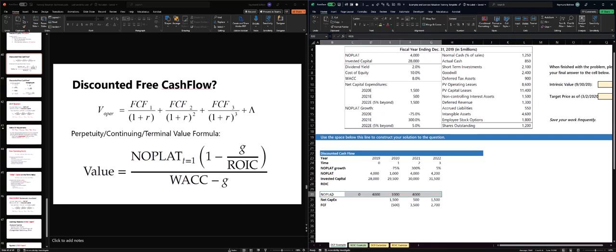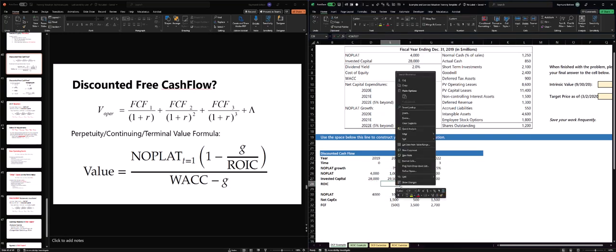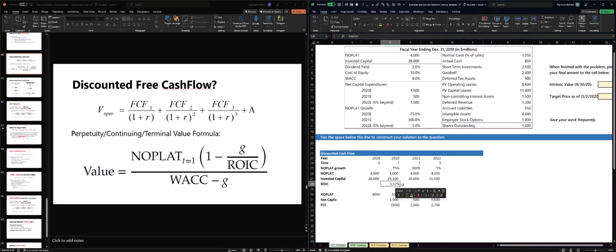How about that? Basically copying the NOPLAT. So you take your NOPLAT divided by how much was invested last year, right? So this is the return on what you earned that year divided by what you had last year. And that should be in percent. And your ROIC, return on invested capital, is 14%.